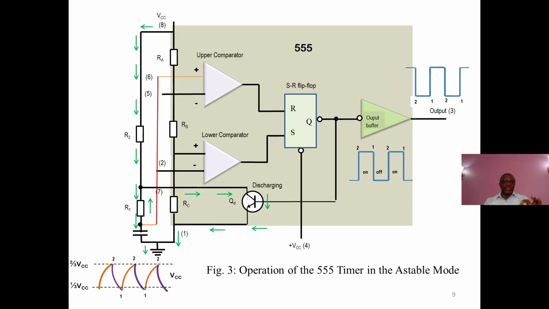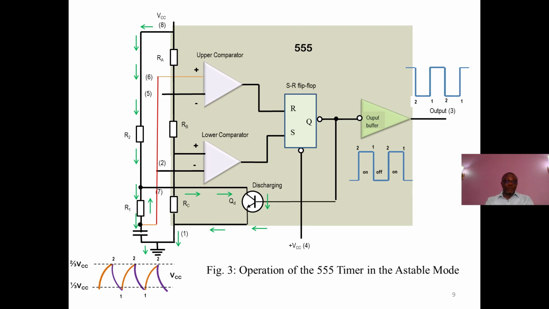That red line is only connected to pin 2 and the positive sign of the upper comparator. Now, in our subsequent lectures, when we look at operational amplifiers, you see that the positive sign is called the non-inverting input.